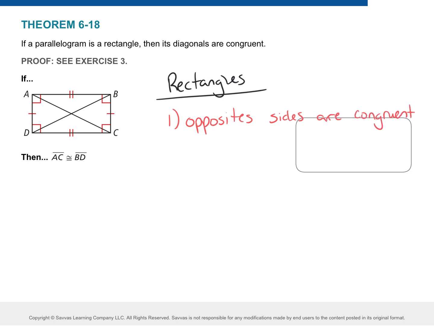Not all sides, but two pairs are congruent. The opposite sides are, but are all of them the same? No. Okay. I heard another one. All angles are 90 degrees. That is true. And then another one with rectangles that's different from rhombuses and parallelograms is that the diagonals are congruent.